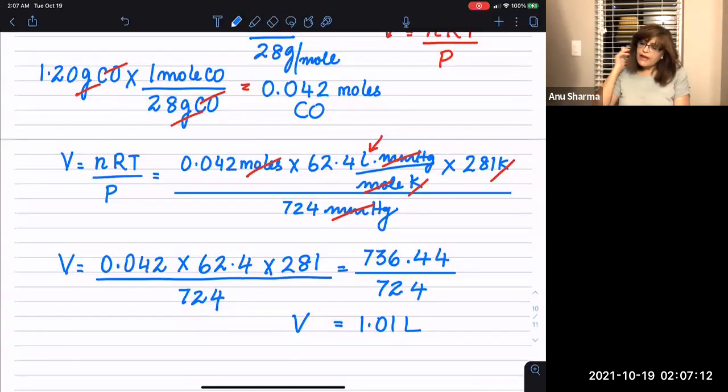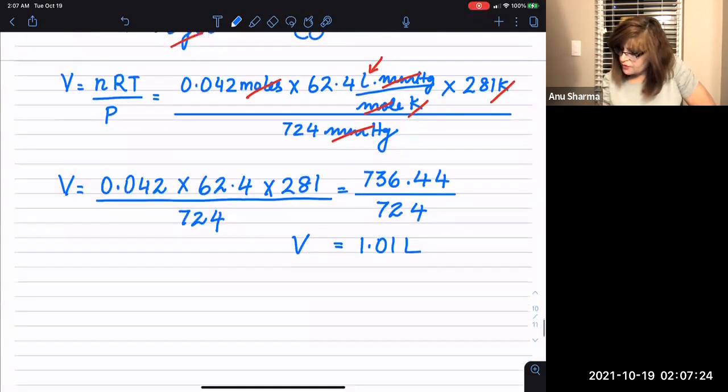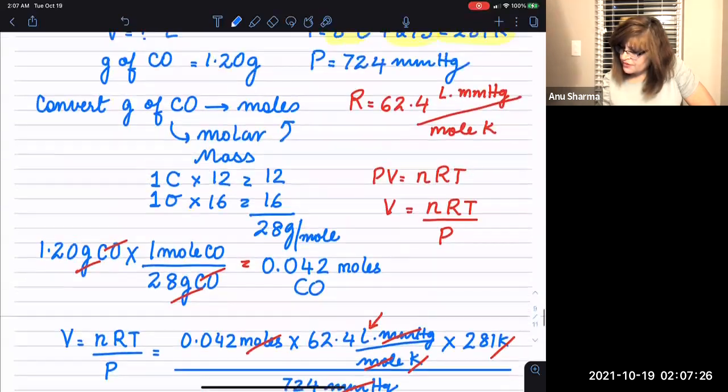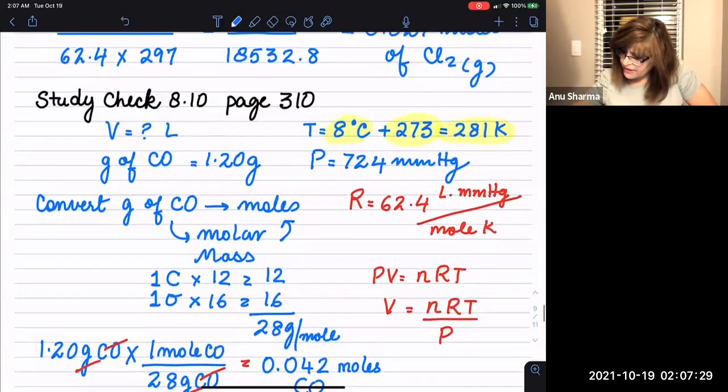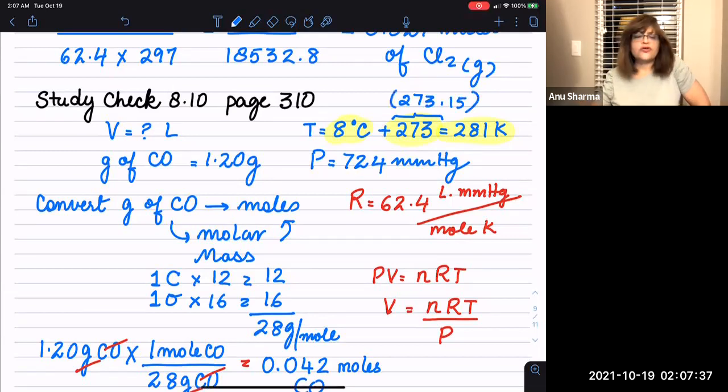When you do the math, you get 736.44 divided by 724, and the answer is 1.01 liters. The book is saying 1.04, which is fine, maybe somewhere in the decimals. Another thing is this number 273 is actually 273.15. We commonly use 273, but that number is more exact.